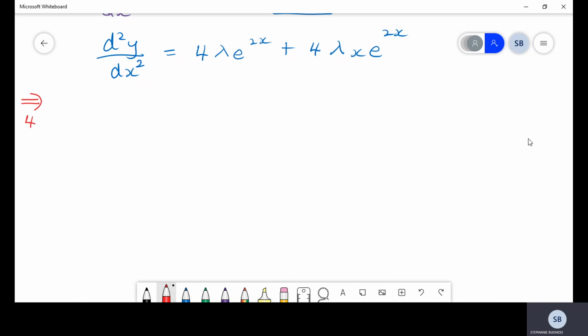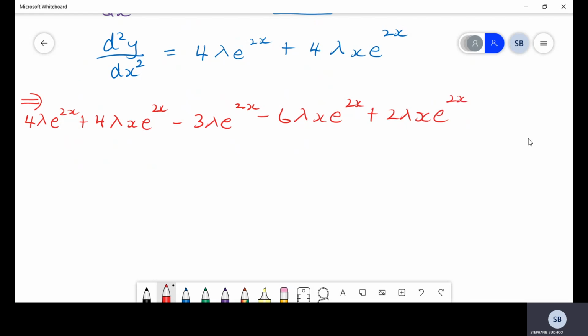We will get 4 lambda e to the 2x plus 4 lambda x e to the 2x, minus 3 lambda e to the 2x, minus 6 lambda x e to the 2x, plus 2 lambda x e to the 2x, being all equal to e to the 2x, which was the right hand side of our original equation.